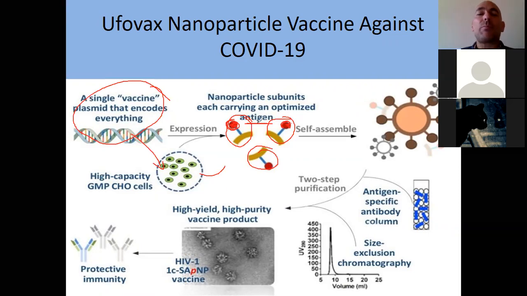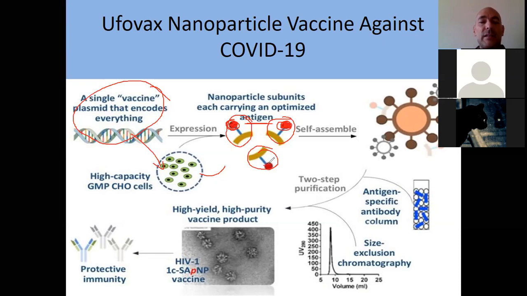Antigens are basically the proteins on the surface of viruses that are recognized by the body's immune system. So these proteins here, these antigens, are very important for our immune system to develop the antibody and block this virus.